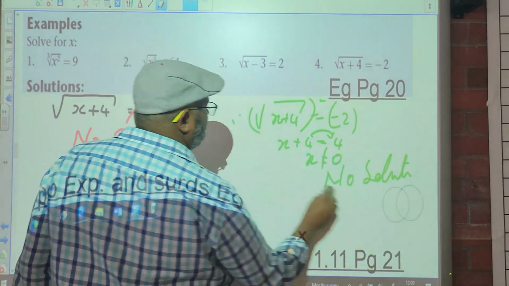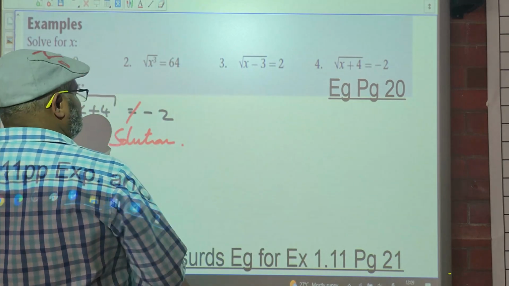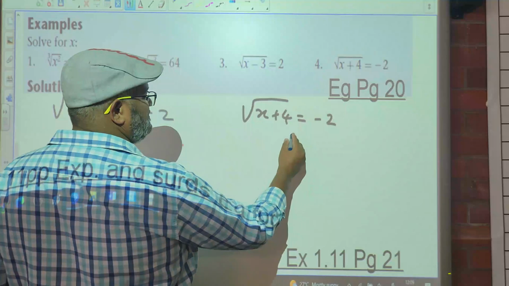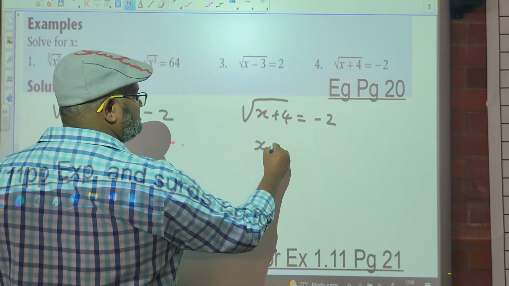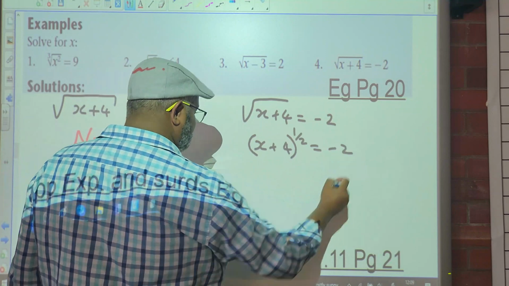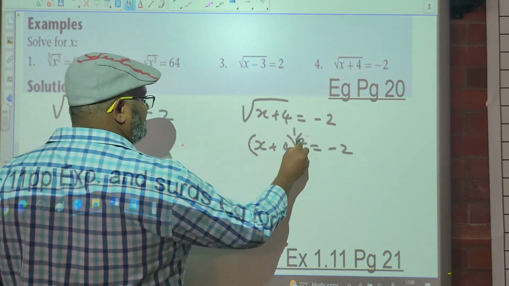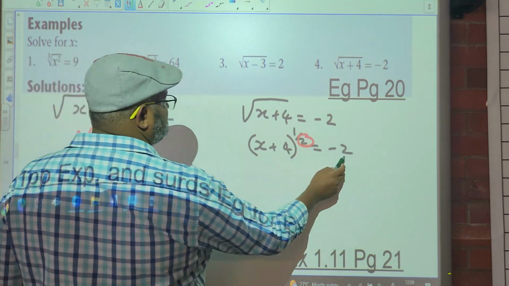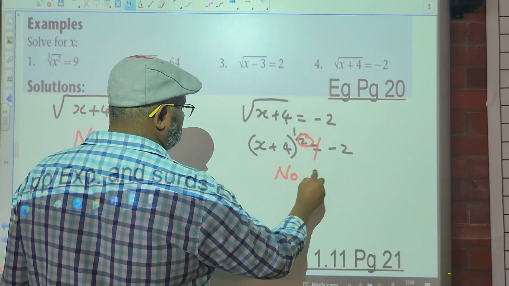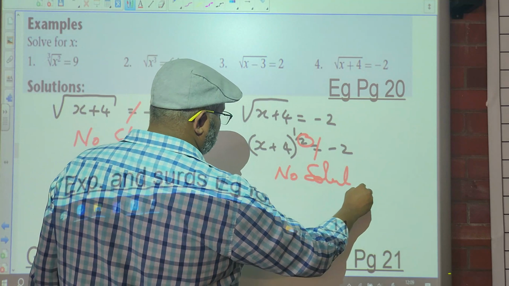What if I had gone the other way? You've got the square root of x plus 4 is equal to negative 2. This can be written as x plus 4 raised to exponent 1 over 2 is equal to negative 2. What's the rule if this is even? This number must be positive. Is it positive? No. So no solution.